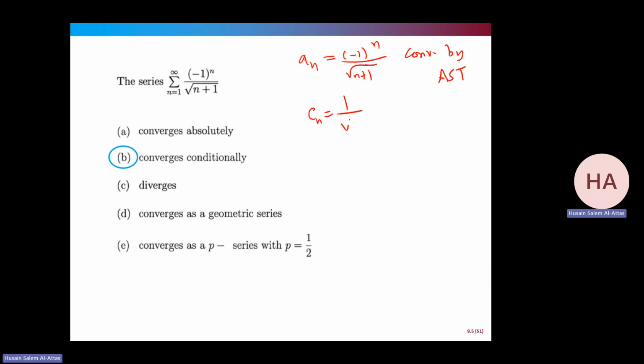Take c_n, the limit of c_n equals 0. So it converges by the alternating series test, but b_n equals this.